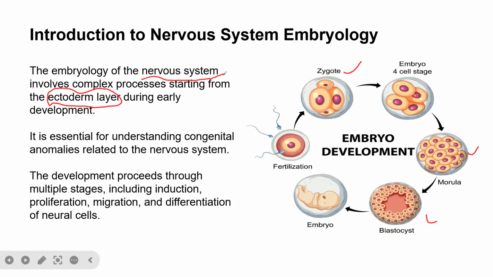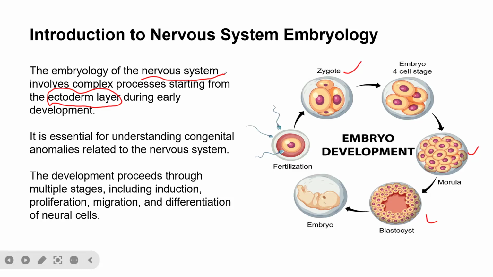It's a complex process that involves the formation of the nervous system starting from the ectoderm layer during early development. It is essential for understanding congenital anomalies related to the nervous system. What I want you to understand at this point, ladies and gentlemen, is how the nervous system is generated even at the stage of the embryo, because we have stem cells that have the ability to differentiate into each and every cell, tissue, and organ in our body.